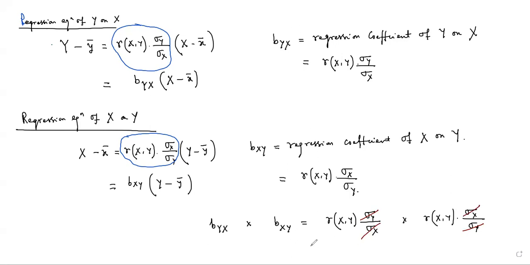So we get a beautiful result: rxy whole square is the product of the two regression coefficients. The correlation coefficient squared gives you the product of the two regression coefficients. It's a very important formula, and it often helps us to solve problems.